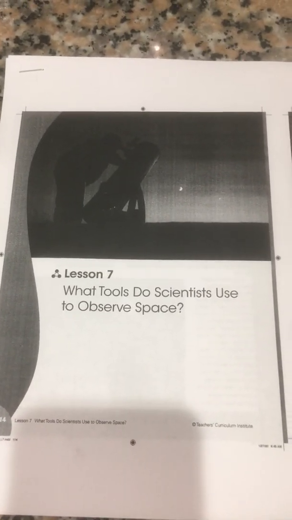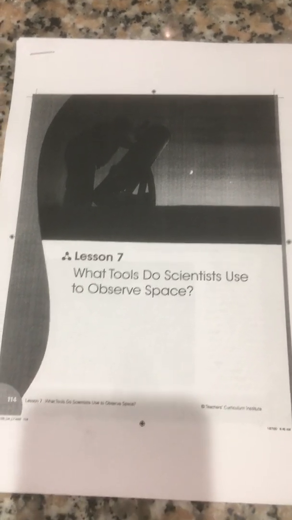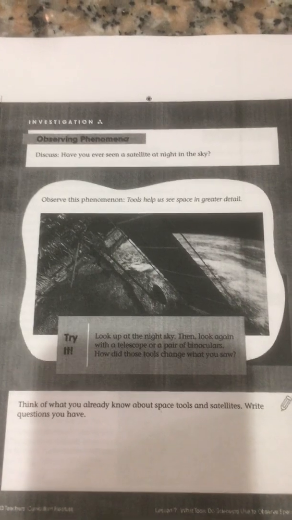So this is the last science, and it's crazy that the time is flying, huh? So you're gonna learn about some different tools scientists use to observe space. The first thing you're gonna look at is actually a picture of a satellite. And so I don't know, maybe you've seen a satellite before, or maybe you've looked up in the sky.